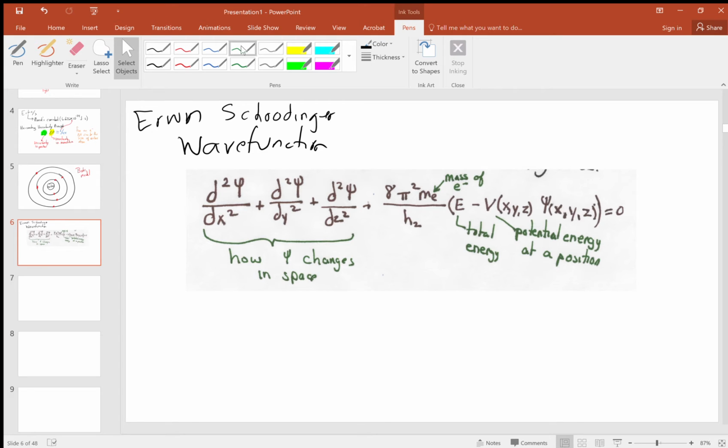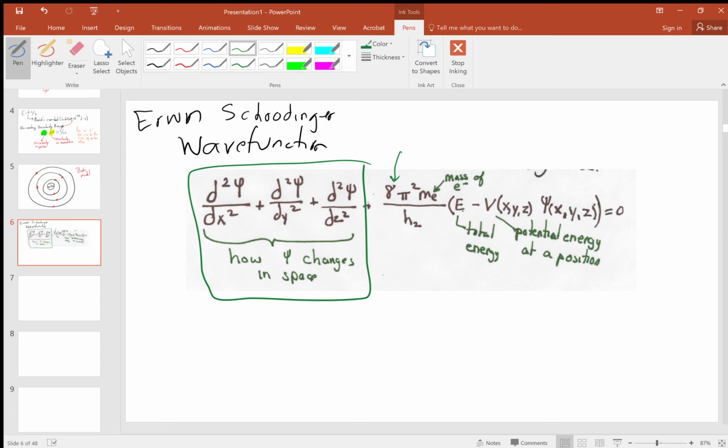Well, we have the first piece right here. And this describes how things are changing in space. We also have some other familiar terms. Here's probably our most familiar term. We have the number 8 times pi squared times the mass of an electron over whatever this is.